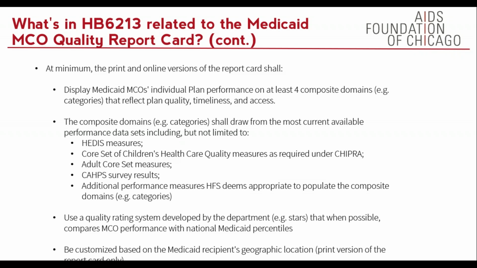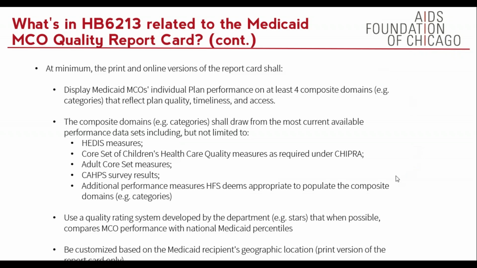So they are required to draw from HEDIS measures, the core set of children's healthcare quality measures under CHIPRA, the adult core set measures, CAHPS survey results, and additional performance measures HFS deems appropriate to populate the composite domain. The report card must also use a quality rating system developed by the department that compares MCO performance with the national measures.